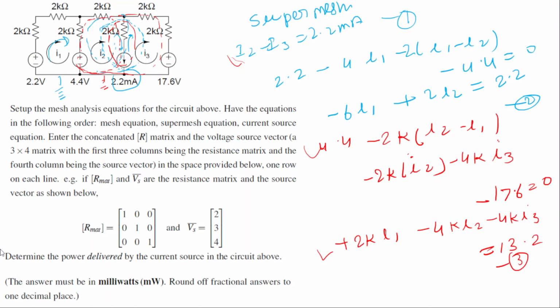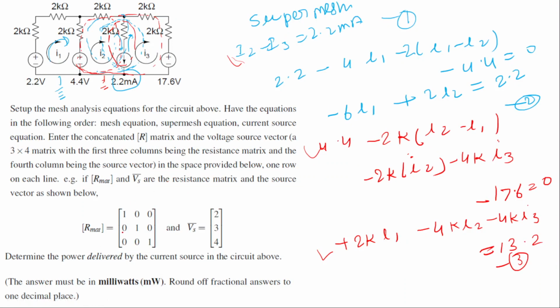Okay, if there are no questions, in this answer we need to find the power delivered by the current source. So we need to find the voltage across the current source, and then the voltage across the current source multiplied by the current supplied by the current source.